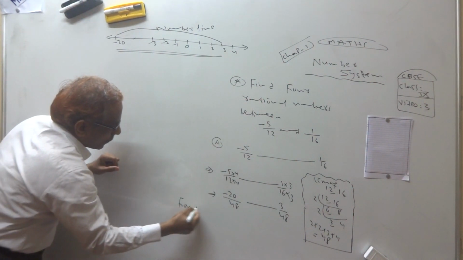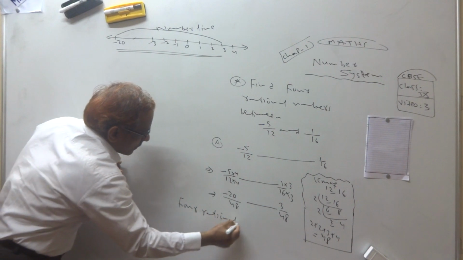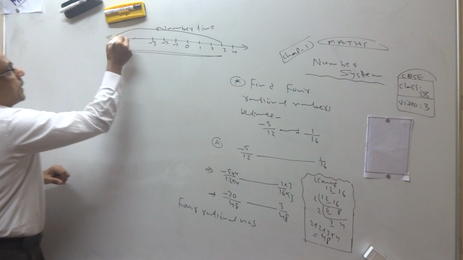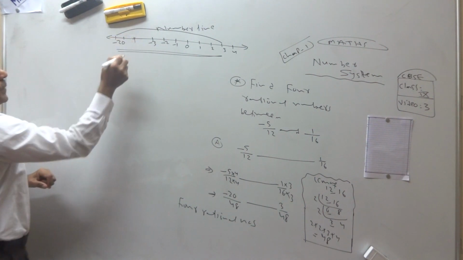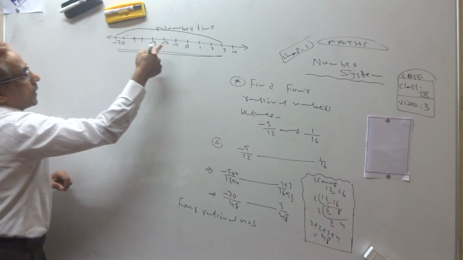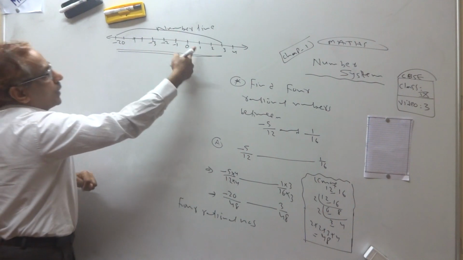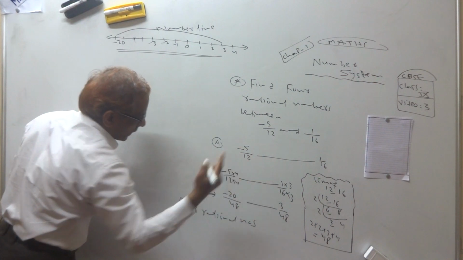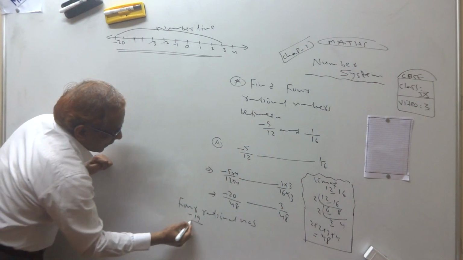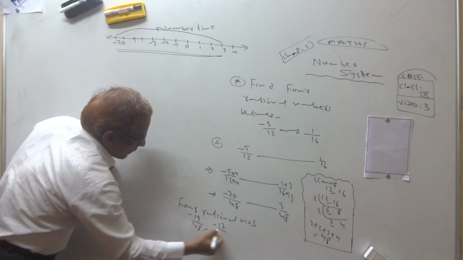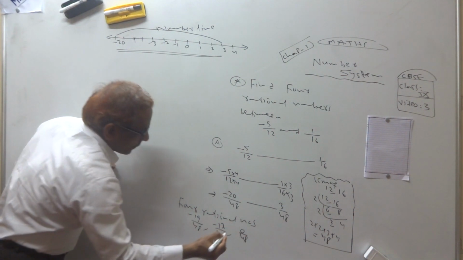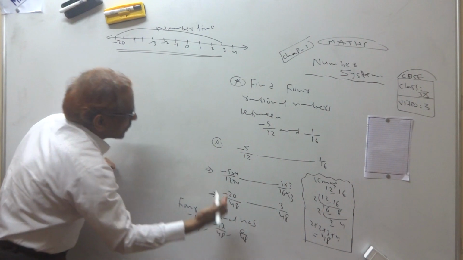Right now, 4 rational numbers between -20 and 3. See, -19 will be there, -17 will be there, -15, -1, 0 and 1 will be there, between these two. So I can write -19, I can write -17, I can write 0 by 48. 0 by 48 is actually 0 only.